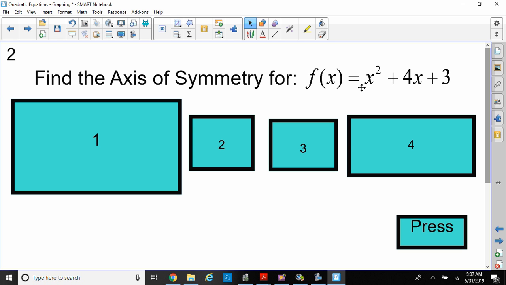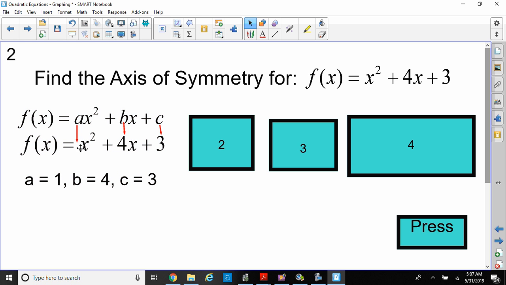So all we need to do is identify the coefficient of the x squared term, that'll be the a. There's no number there, and if there's no number there, it's a 1 that's placeholding. The b is the positive 4. The c would be the plus 3.